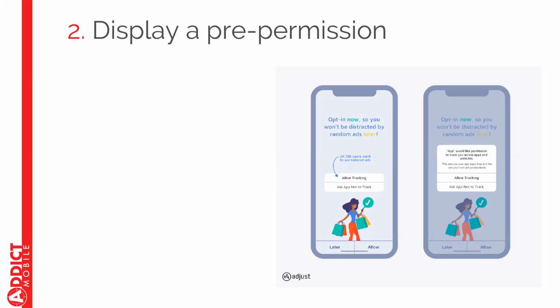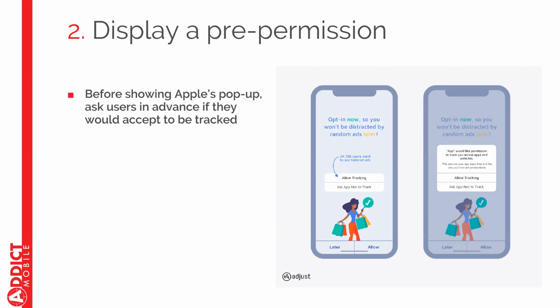Display a pre-permission, meaning that before showing Apple's pop-up, ask users in advance if they would accept to be tracked. What you can do is within your app, make kind of a pre-permission, ask them with your own screen, your own frame, graphics, whatever you want, and make sure that when you ask for Apple's pop-up, the user will accept it.